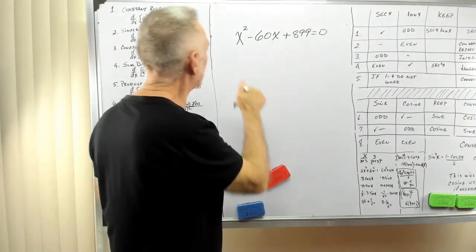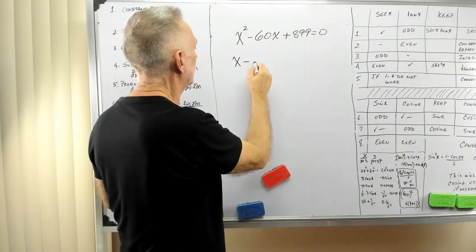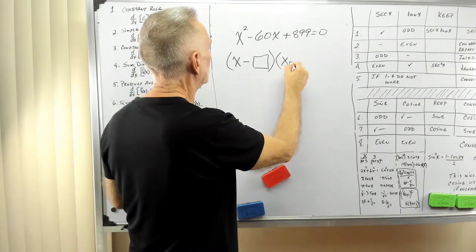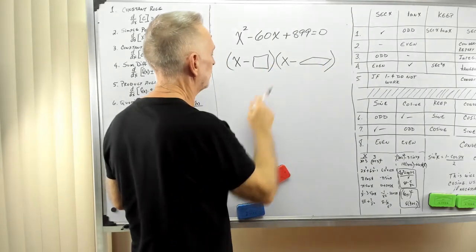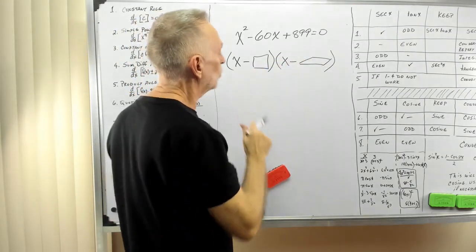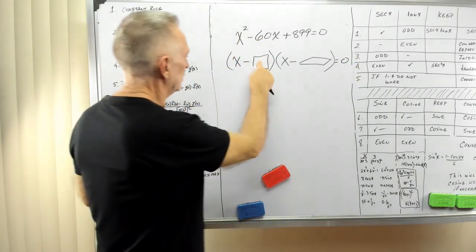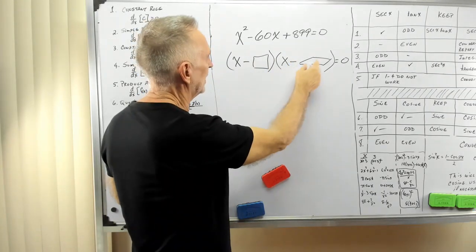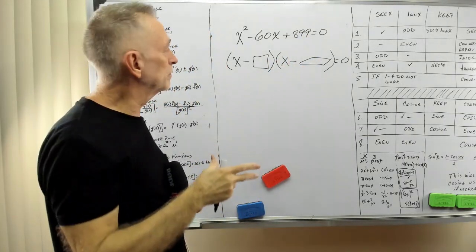So having said that, if we were to just factor this normally, we would say x minus something times x minus, I'll put a different size box here to let you know that it's two different numbers. And obviously that equals 0. Now this term times this term, a negative box times another negative different box would give me a positive 899. That's the plan.